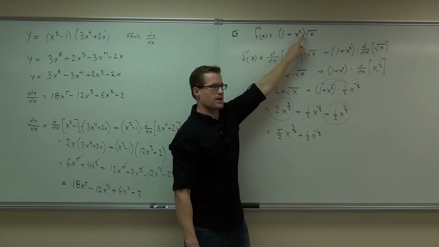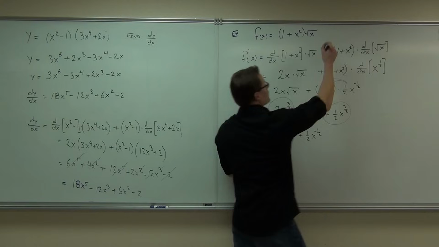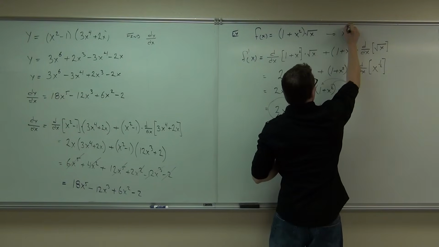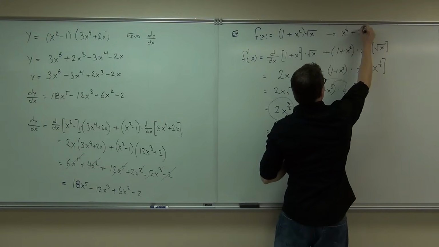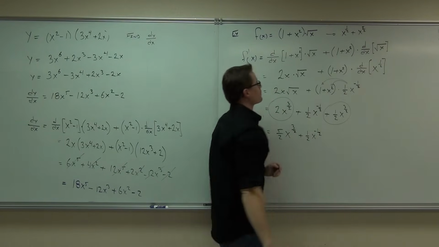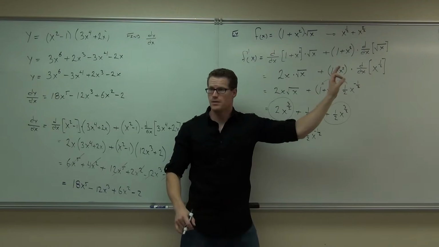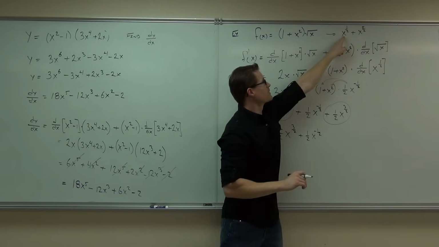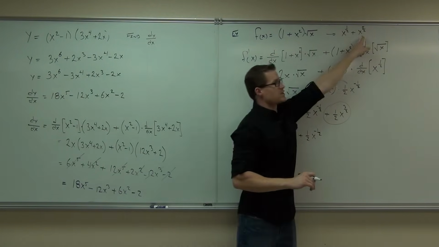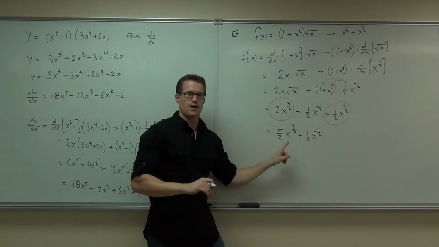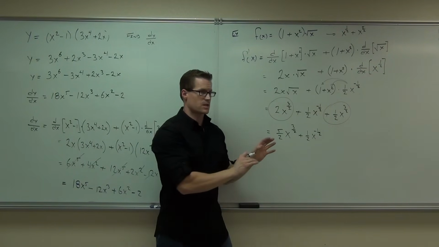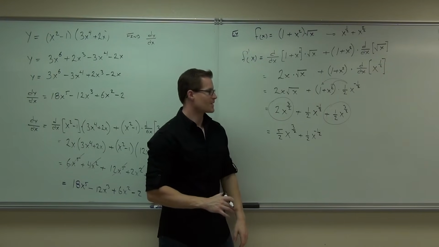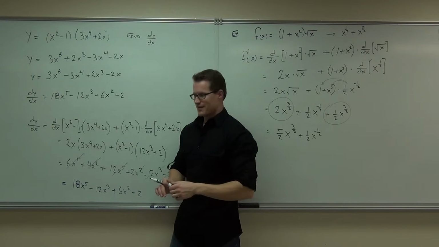You see the 5 halves out of that? x to the 1/2 plus x to the 5 halves. That's what that is distributed. If you can't get that, do it later on your own. Distribute that and figure out those exponents. The piece of this derivative is 5 halves x to 3 halves. It's right there. Same exact thing. Feel okay with this so far? All right, cool.